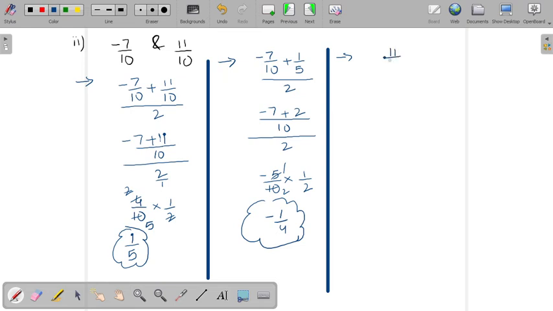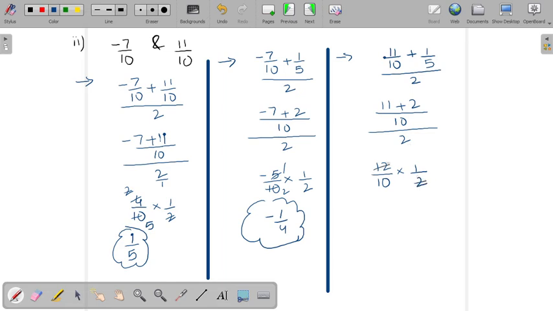So 11 by 10 plus 1 by 5, and don't forget to write divided by 2. So LCM 10, 11 plus 2, whole divided by 2. So it would be 12 by 10, and whole upon 2 will become reciprocal.